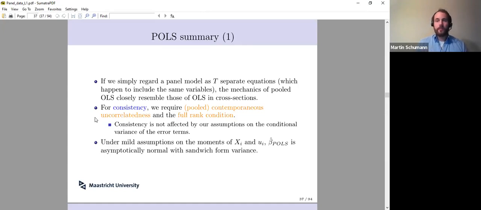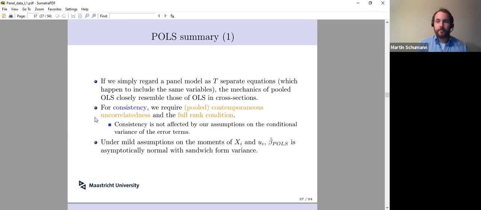In our case, they happen to have the same variables, but the theory would also work if they were completely different variables. And we have also seen that the mechanics of pooled OLS is pretty much the same thing as the regular OLS that you already know. That can, for instance, be shown by simply stacking the data.